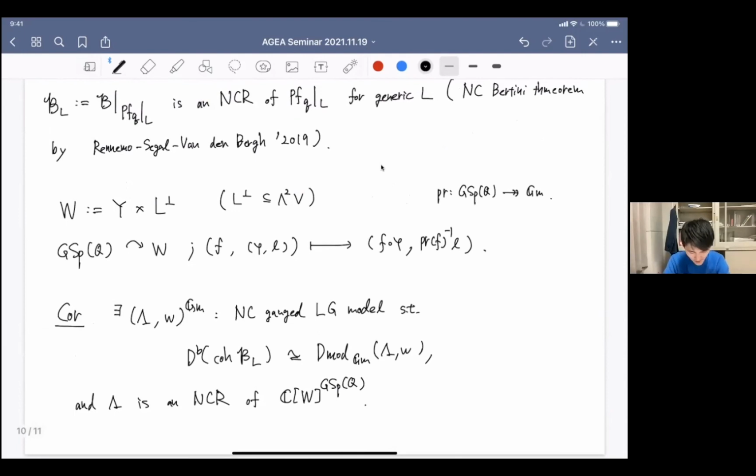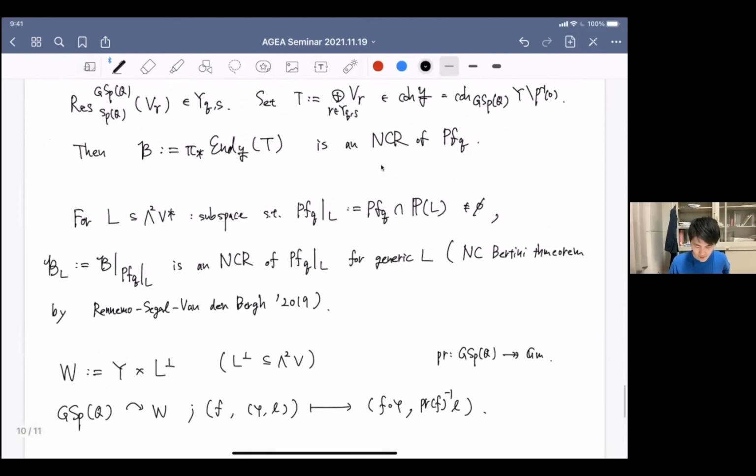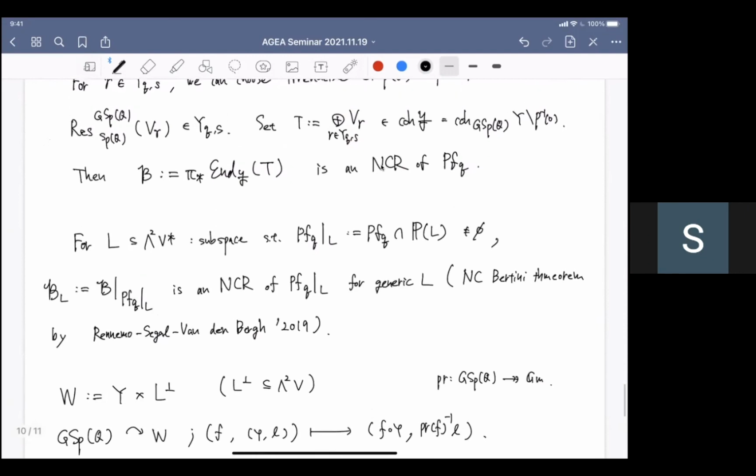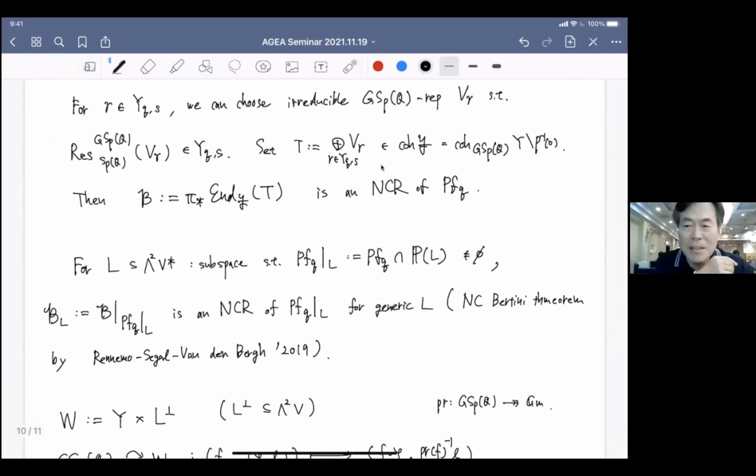I think this is from physics, but I don't know the background of physics, so sorry. Can you explain the physics version of the Landau-Ginzburg model? Sorry, I don't know the physics.